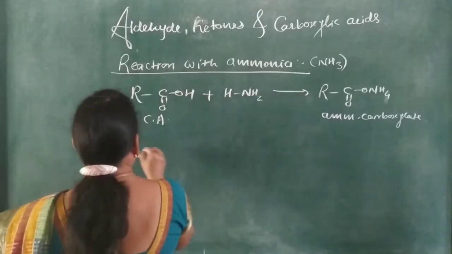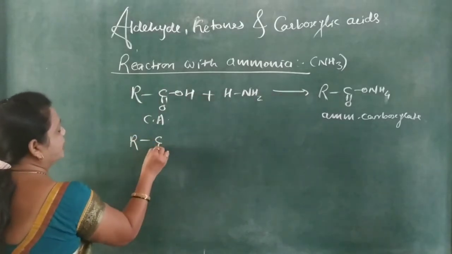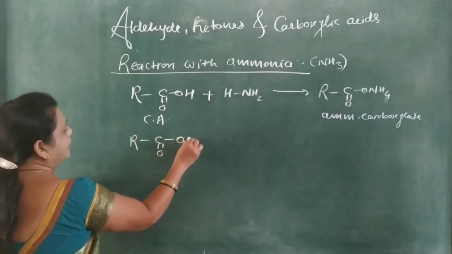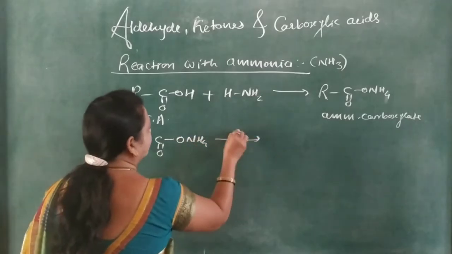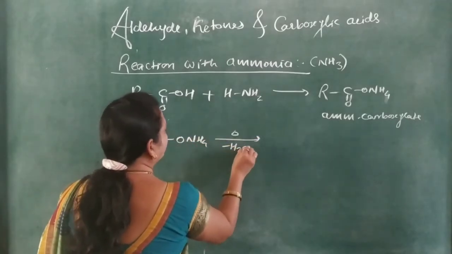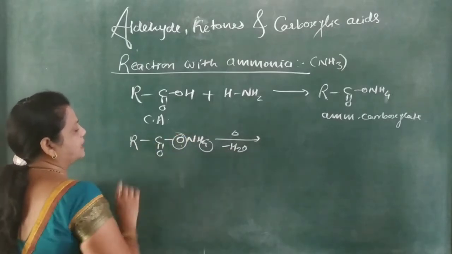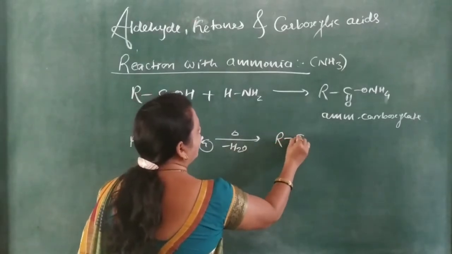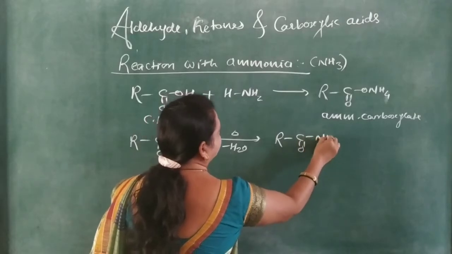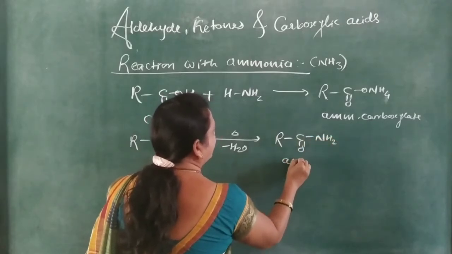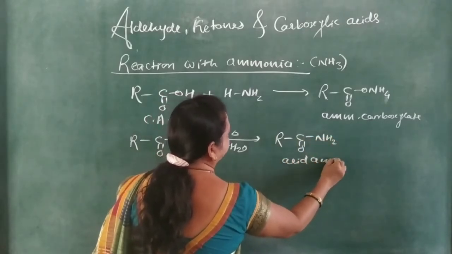Ammonium carboxylate, on heating, loses a water molecule, minus H2O, and we get RCONH2. This is the corresponding acid amide.